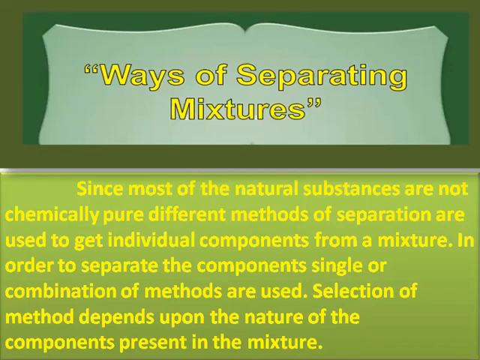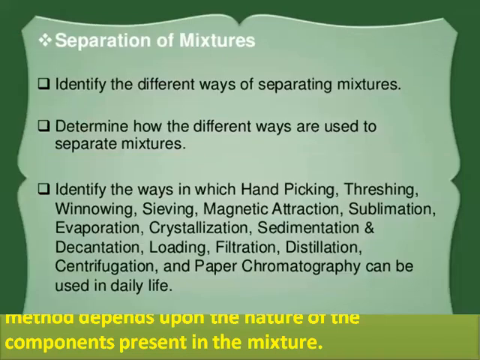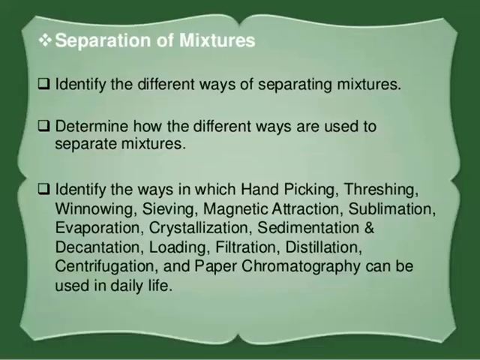So today we will study ways of separating mixtures, or the various methods of separating the components of a mixture. Usually it involves identification of different ways of separating the components, determining how the different ways are used, and identifying the ways in which various methods can also be used in daily life.